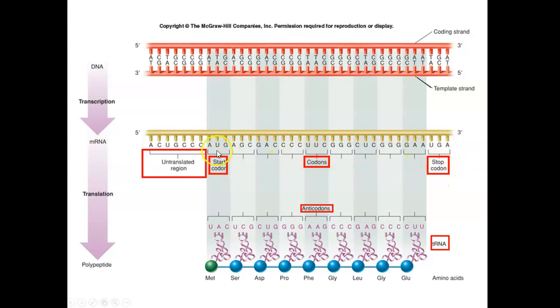And how is it that a start codon is going to ultimately be linked to a particular amino acid? Well, that's mediated through the tRNAs, and the tRNAs are what are going to interact with that codon via its own anticodon, and then on the other end of that tRNA molecule, it is attached to a particular amino acid.